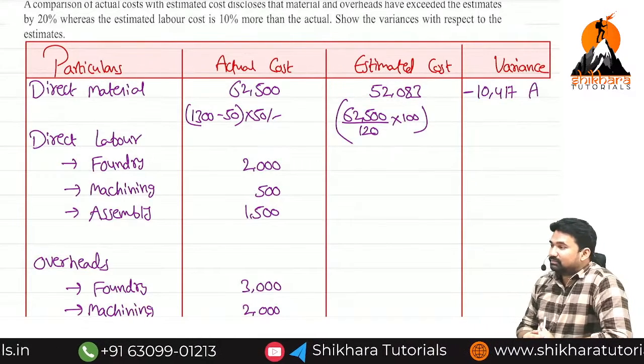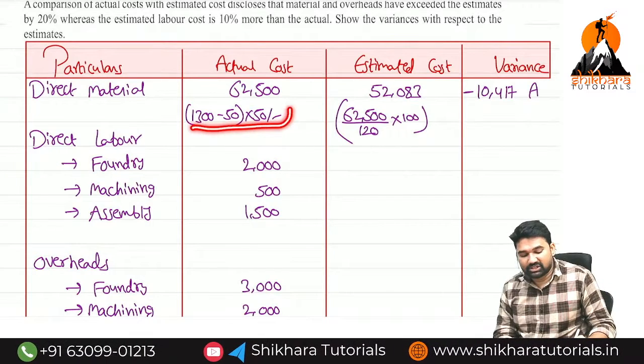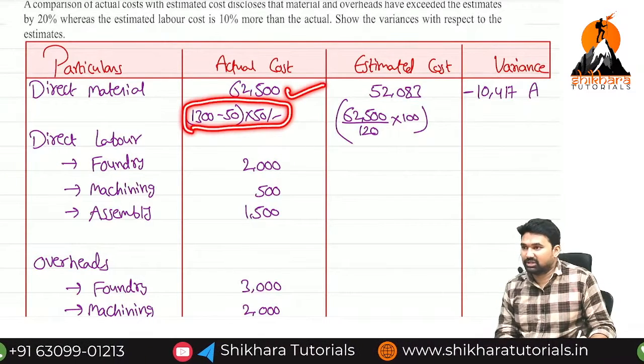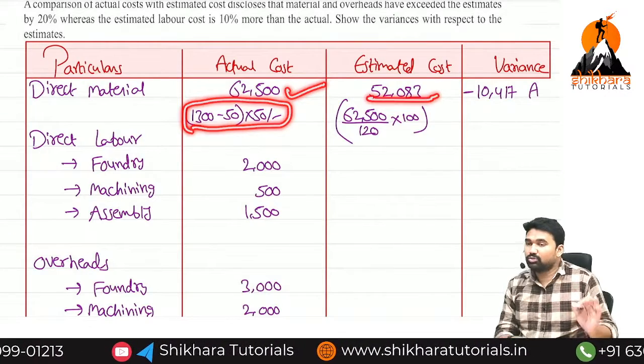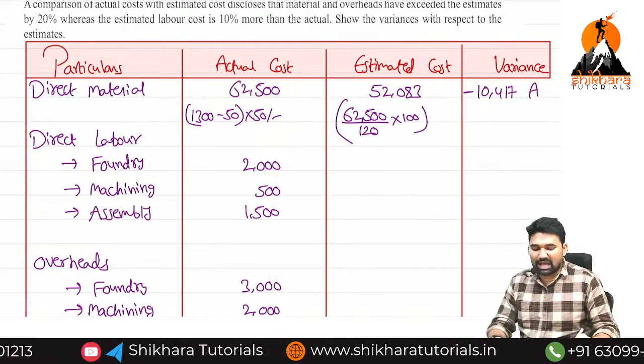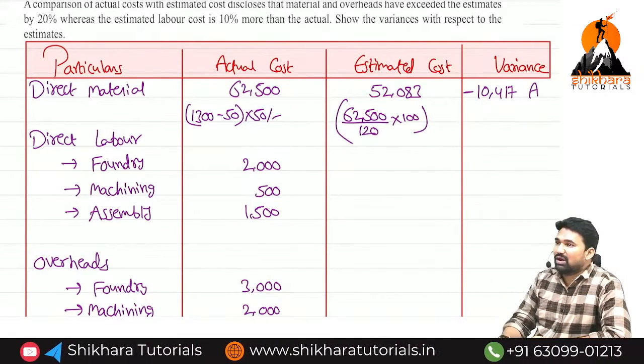62,500 is your actual cost, right? You don't know the estimated cost, right? But you know the relation between actual cost and estimated cost. You know the link. What is that link?